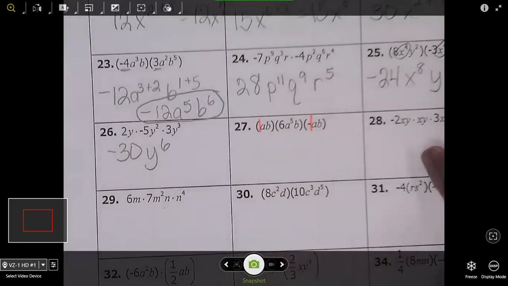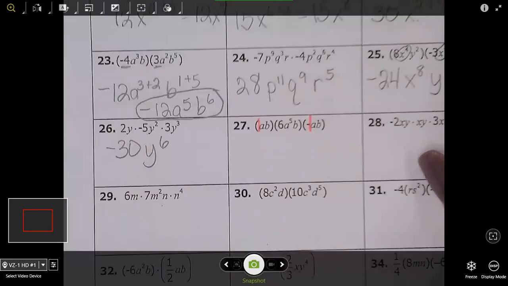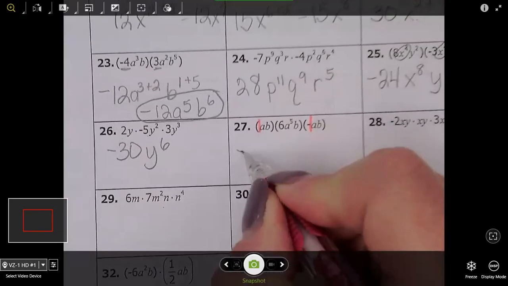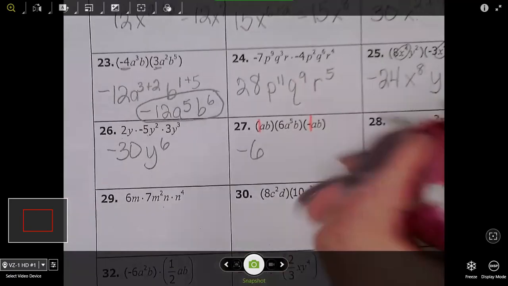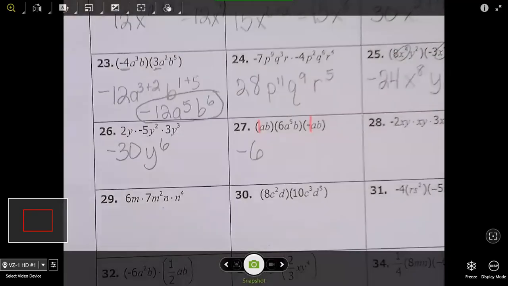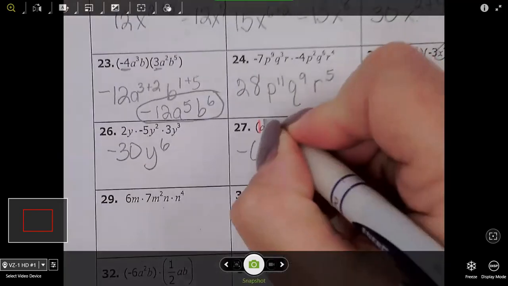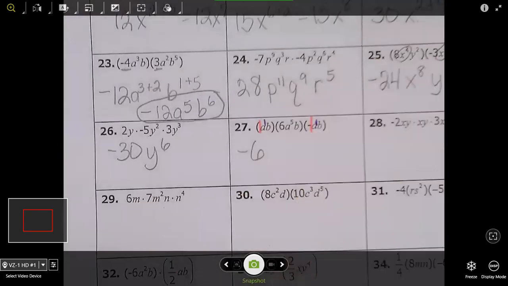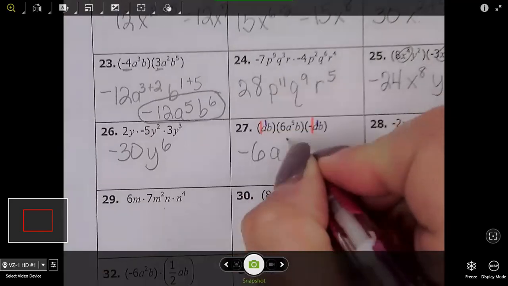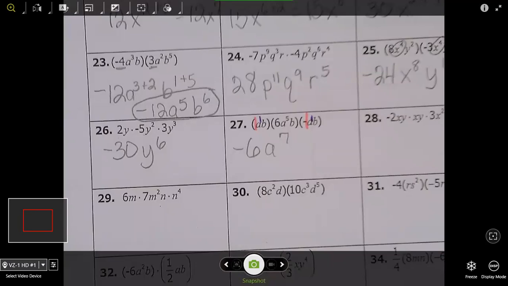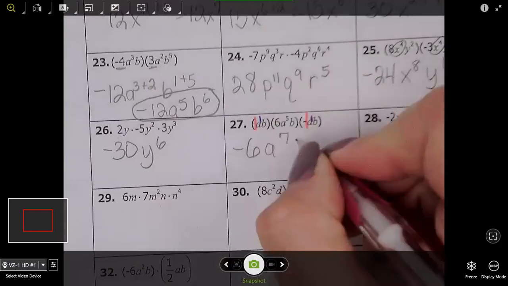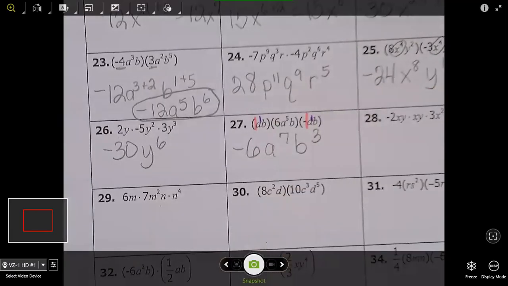What does that equal? -6, okay. Now let's add up my A's. So this A has a 1, a 5, and a 1. What's that? Okay, yes, good job. And now check out my B's. How many B's are there? I have a 1 and a 1. What would that be? B to the 3rd. Super job.